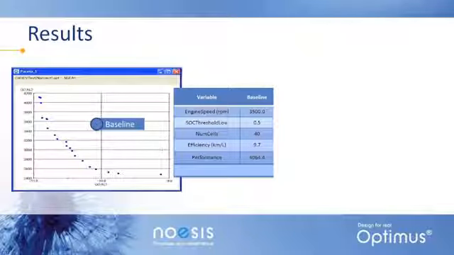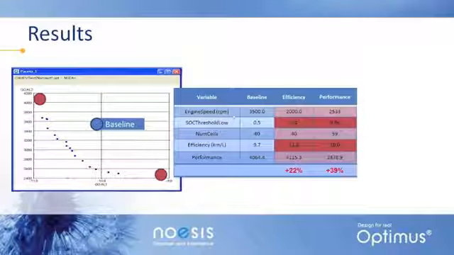So let's take a look at the results. Our baseline values that you can see here, we have an efficiency of about 9.7 kilometers per liter, and a performance value, so this again is a difference from our design cycle or our optimal duty cycle, of 4,064.